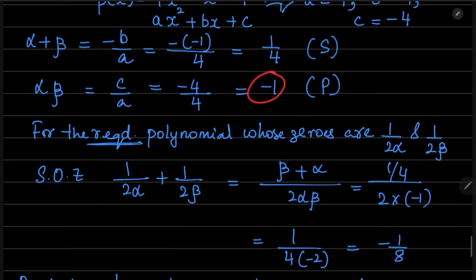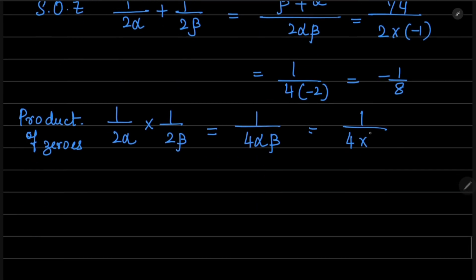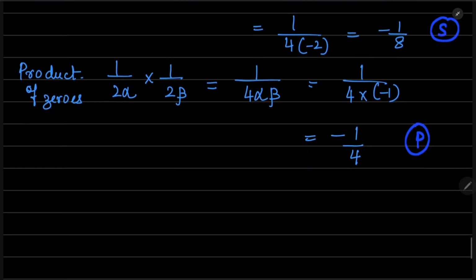Alpha into beta is minus 1. So 4 into minus 1, which will be minus 1 by 4. Now, you know the sum of the zeros of the new polynomial and you know the product of the zeros. So let us go ahead and find our new required polynomial.